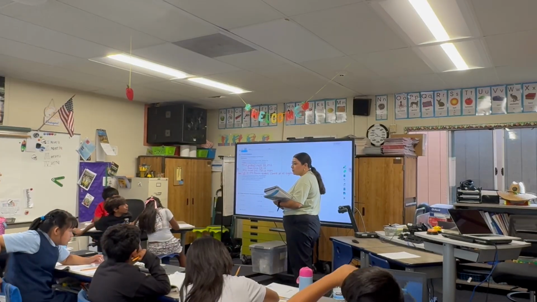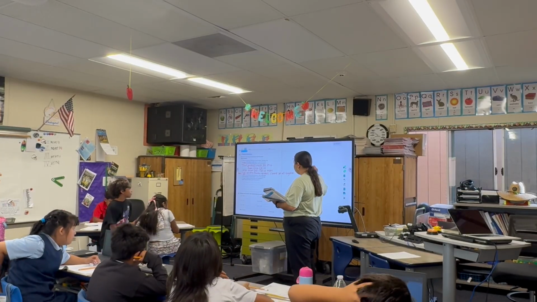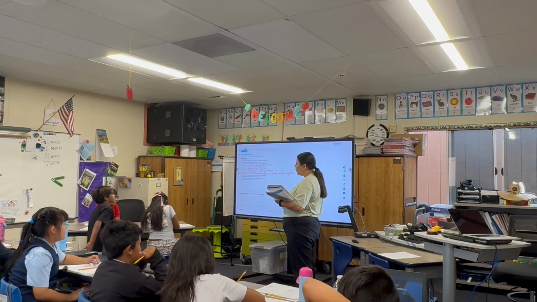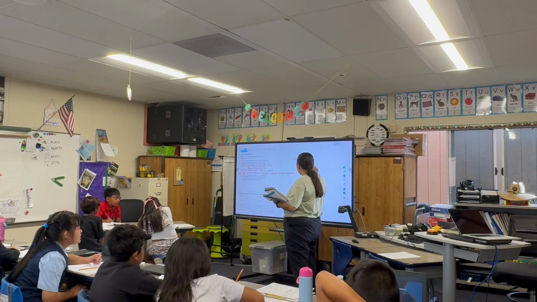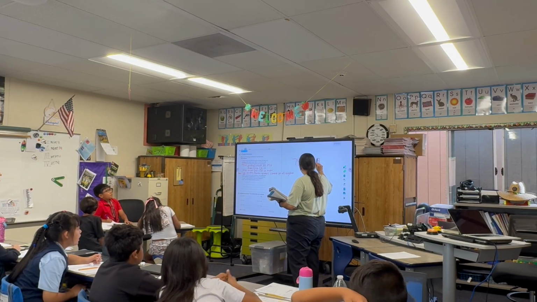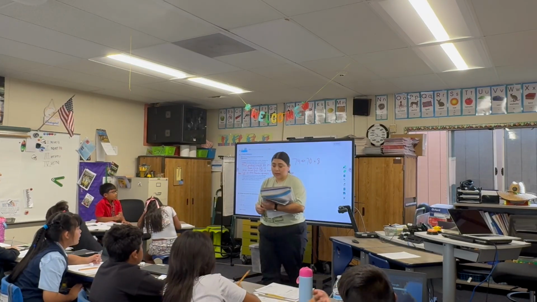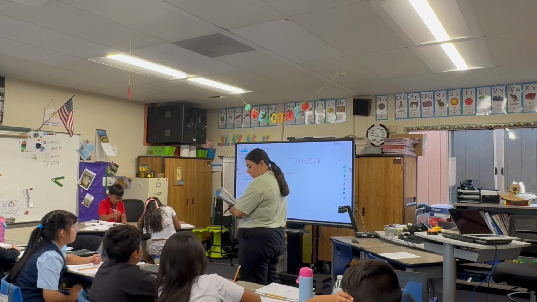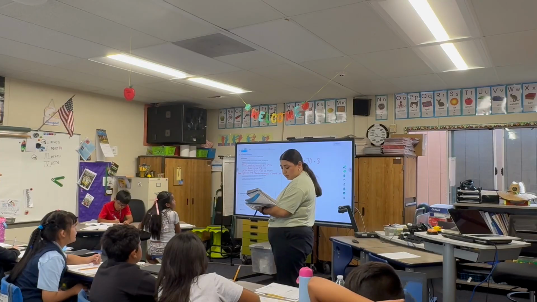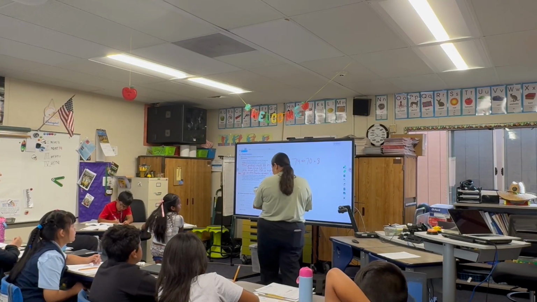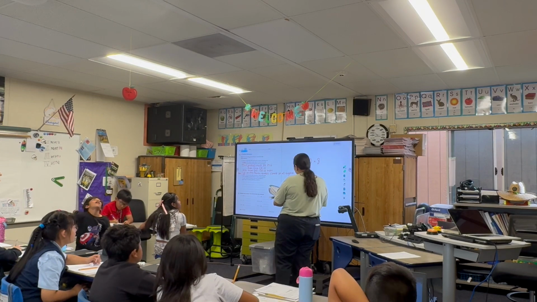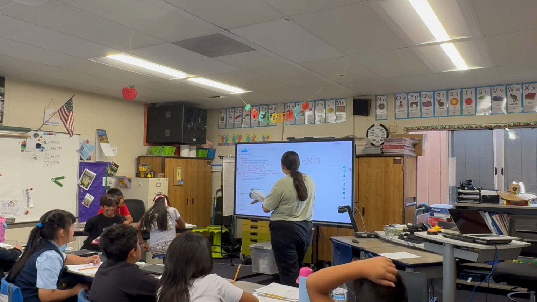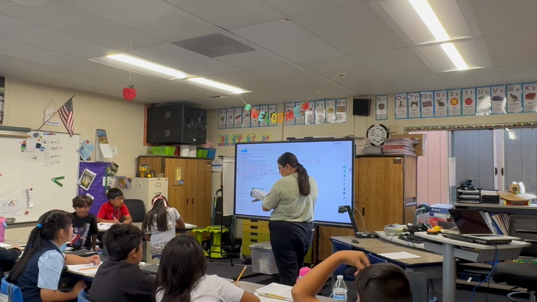What are we going to be multiplying, boys and girls, by? 70 and 90? How many pages does each newsletter have? 8 pages, right? So we are going to be multiplying 8 times 70. And we also have to be aware.